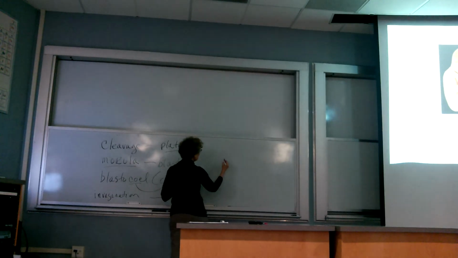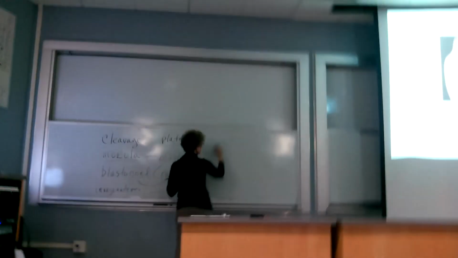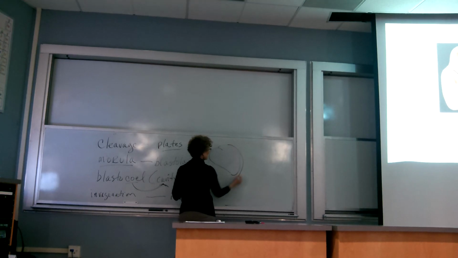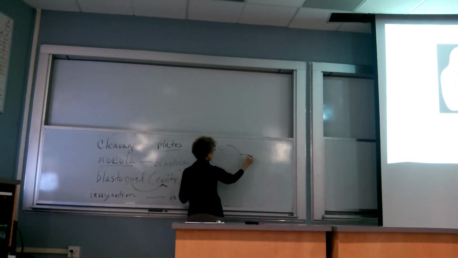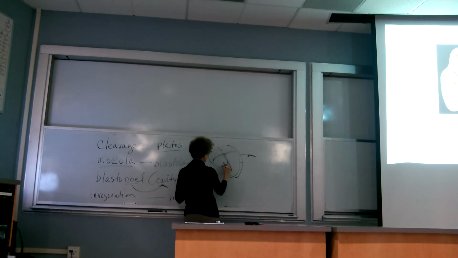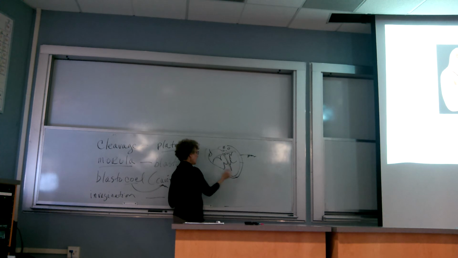So when we look at the heart, we have this pericardial cavity, and then the heart itself has 3 layers.